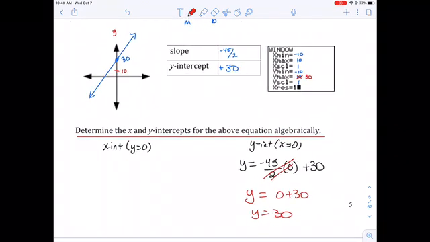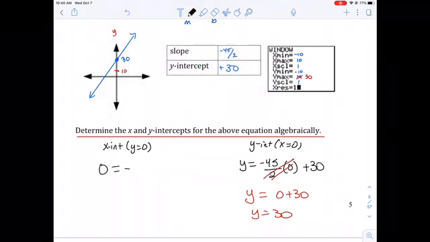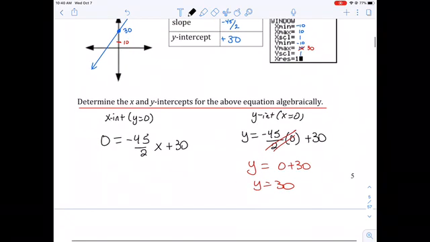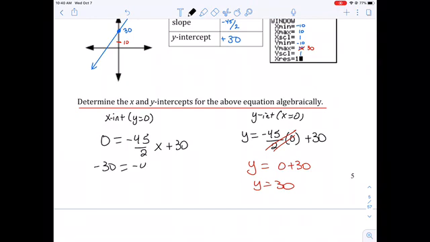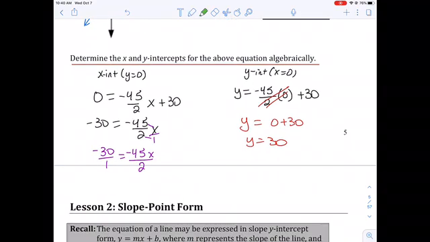For finding the x-intercept, letting y equal 0, we're going to say 0 is equal to -45 over 2x plus 30. We're going to subtract 30 from both sides. Now I've got -45 over 2x. Of course, I can just rewrite that as -45x over 2 because I'm just multiplying these two fractions. So this is just the same as -30 over 1 is -45x over 2. Now I've got a proportion, so the easiest way to solve a proportion is to cross multiply.